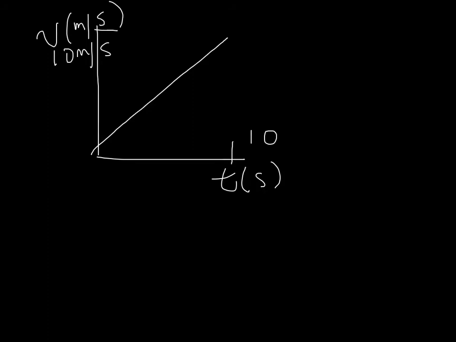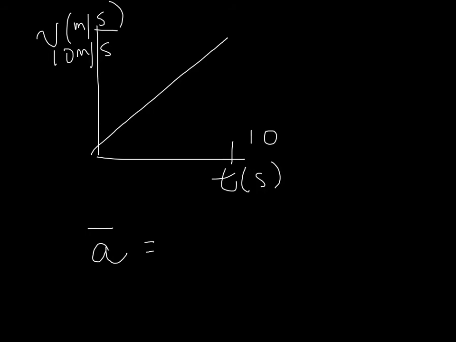So we could even find what's called the average acceleration. So similar equation to using the position versus time graph to find velocity, we can use the velocity versus time graph to find the average acceleration.